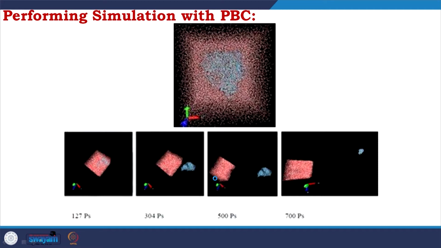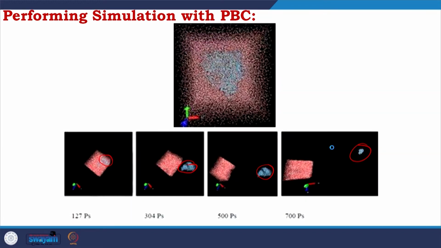After 127 picoseconds of the run, the protein reached the corner. At 304 picoseconds, it is already out of the solvated system, it is already in vacuum. At 500 picoseconds, it is far away. At 700, it is even maintaining more distance. So, this is not possible.